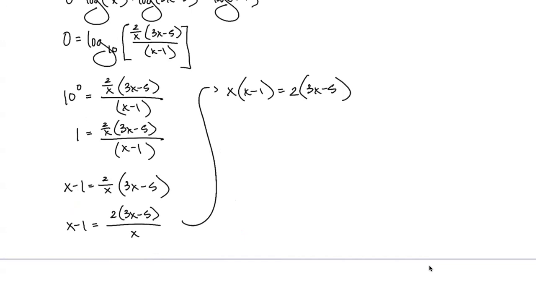No more fractions. We had something that was really scary looking, but piece by piece, we got rid of all the fractions until we have just an equation, everything all on the same line. Now we distribute and we can move everything to one side.